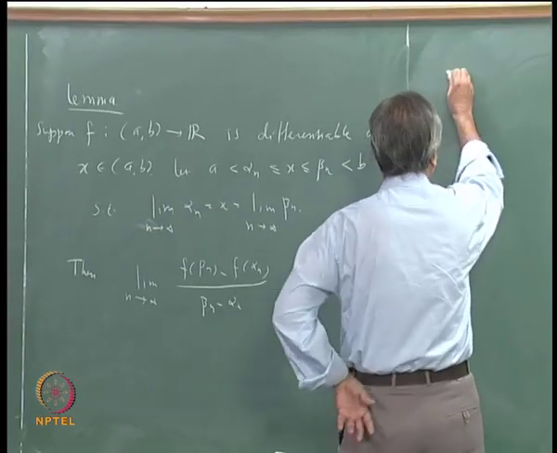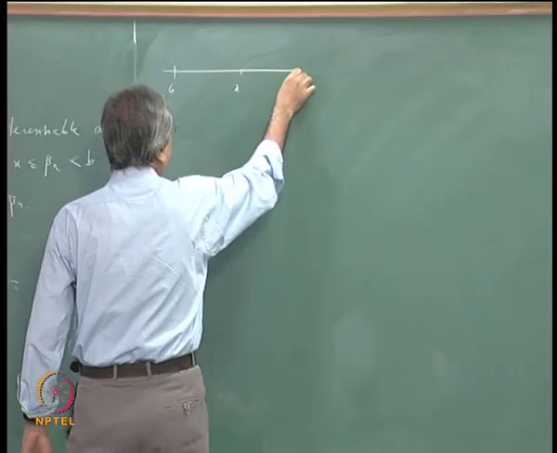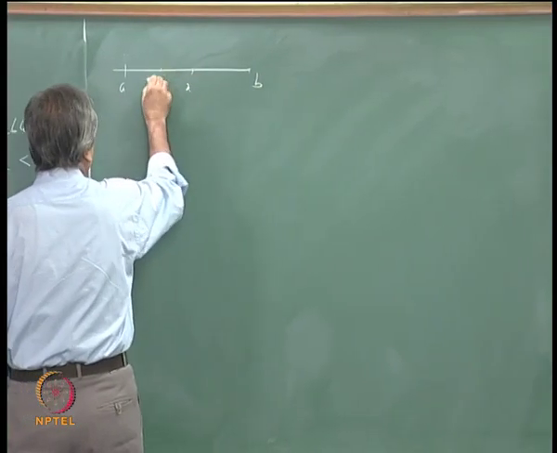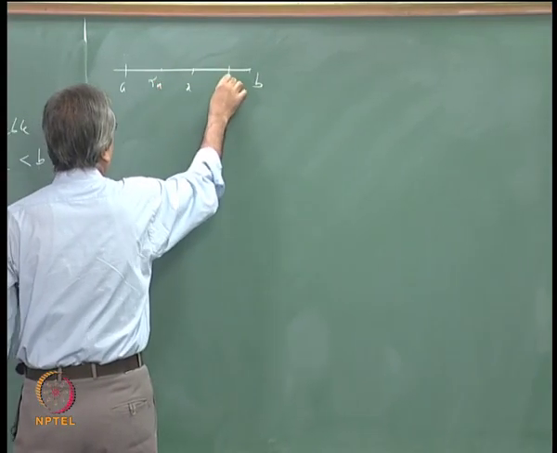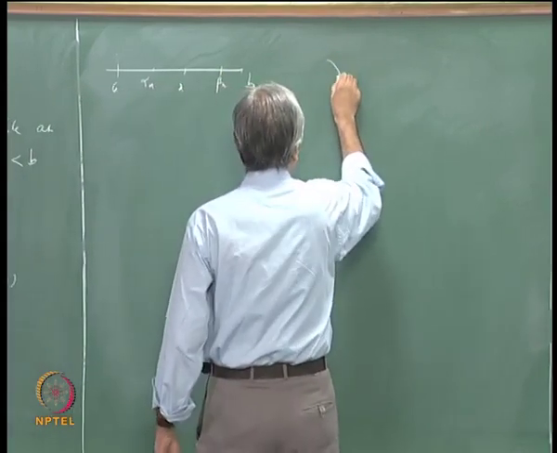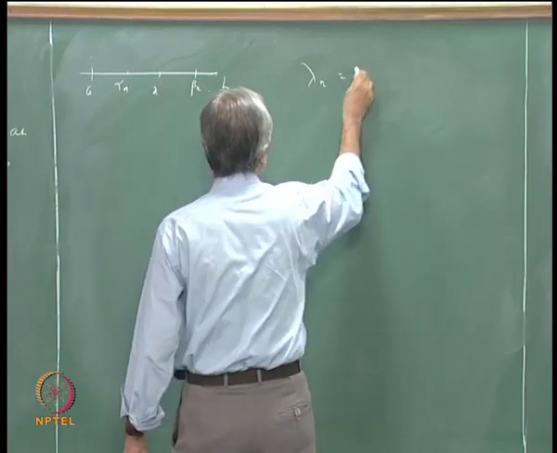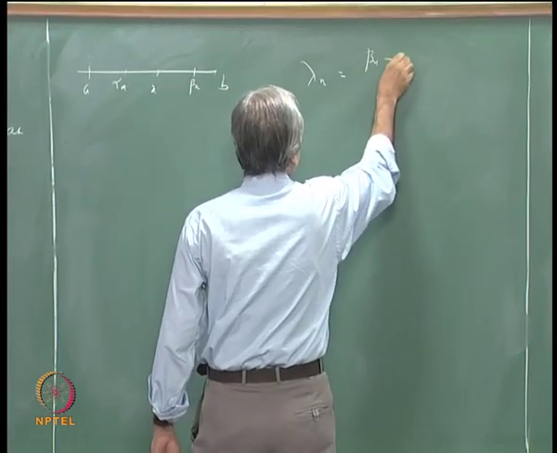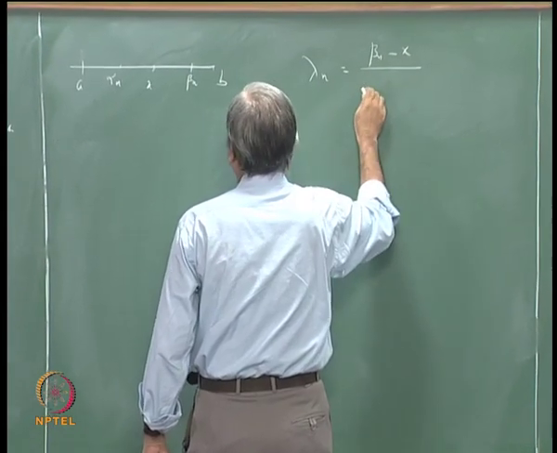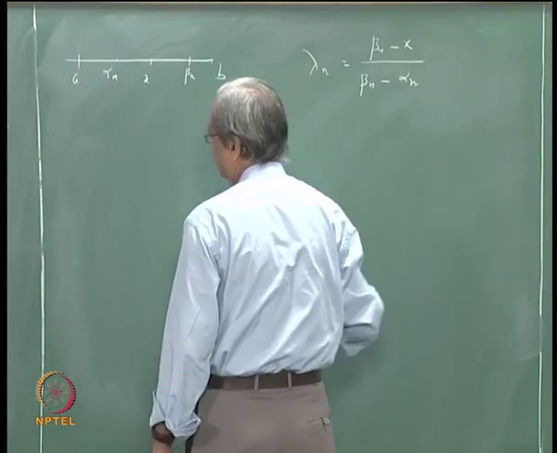It may help to draw something. So here you have a, let us say x, and let us say b. So you have alpha_n somewhere here and beta_n somewhere here. Let me define lambda_n as (beta_n - x) divided by (beta_n - alpha_n).